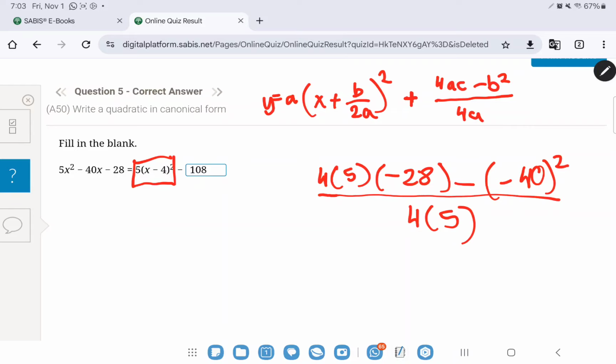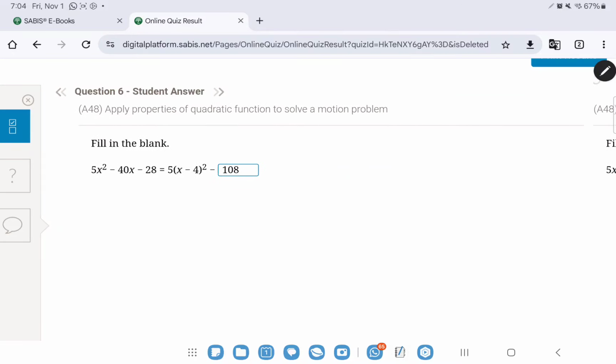And you get this equal to -108. Since this is positive, this will be negative. They gave us the negative, so you just put 108. And that is it. It's really long in the exam, so please be careful when you're calculating, and let's pray they don't bring numbers this big. Anyways, next question.